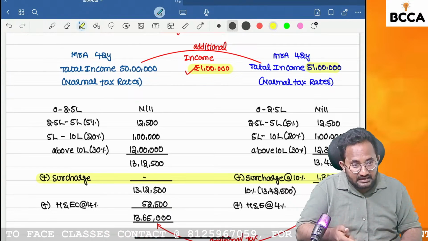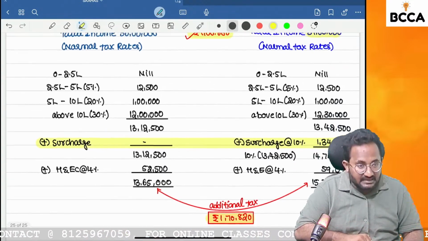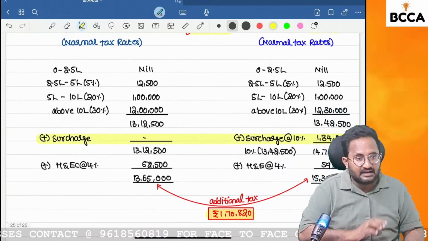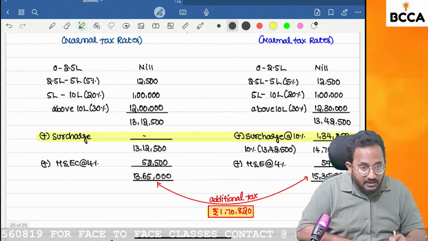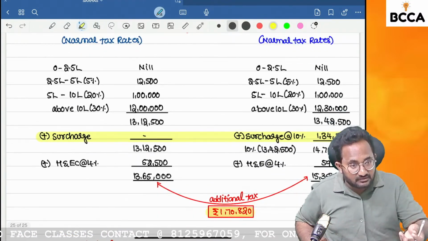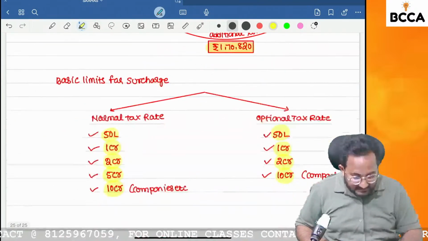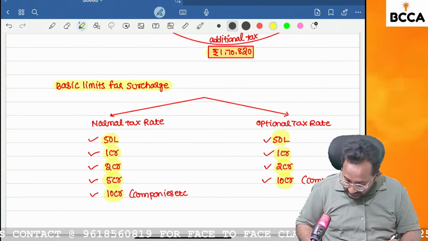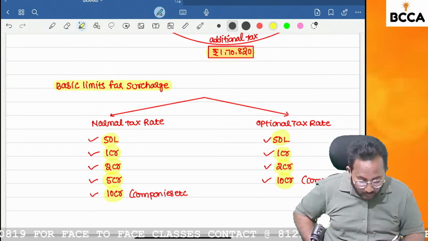So additional income and additional tax, if you compare, additional income is less than the additional tax. That means you have to pay more additional tax only. In which circumstances, ma? Basic limit for surcharge you have to identify.